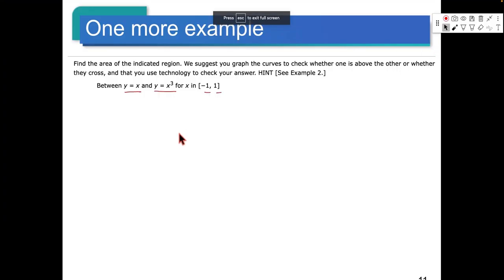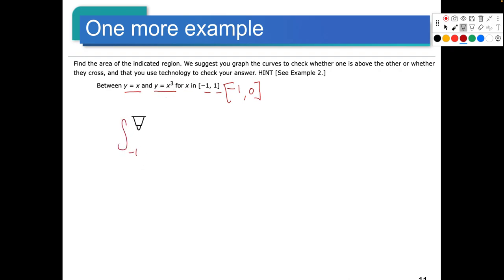From the graph, we know that we need to break this down into -1 to 0. In this case, x cubed is on top. So we go -1 to 0, x cubed minus x dx. That'll be one region.